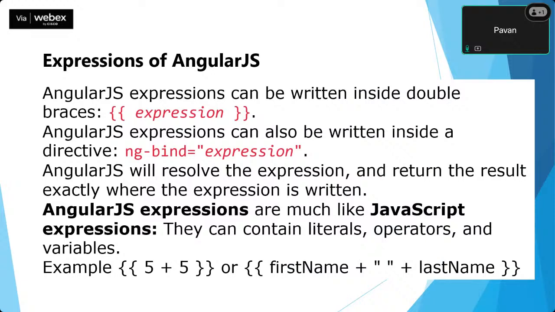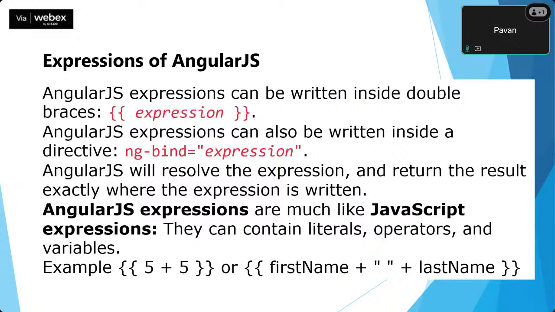Okay, so let's move on. AngularJS will resolve the expression and return the result exactly where the expression is written. So as I said before, if we pass certain variables, let's take another example.